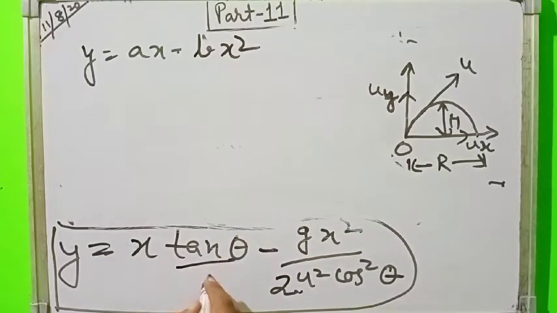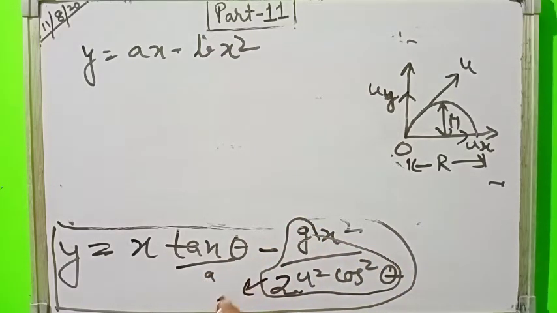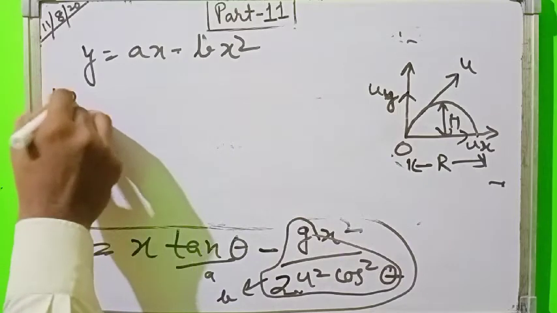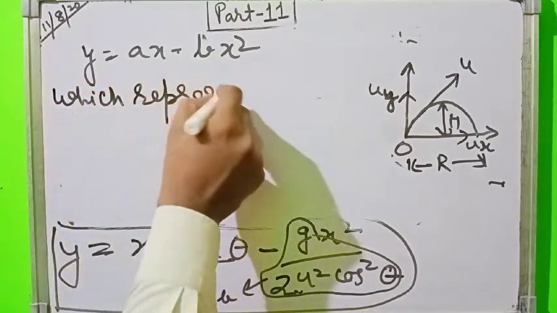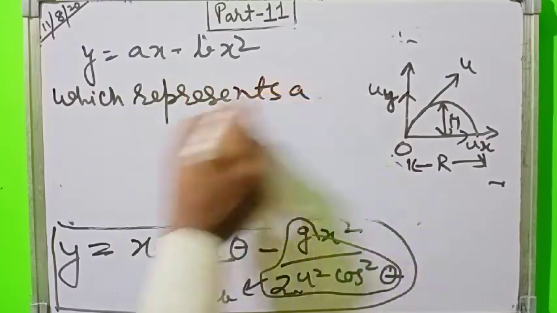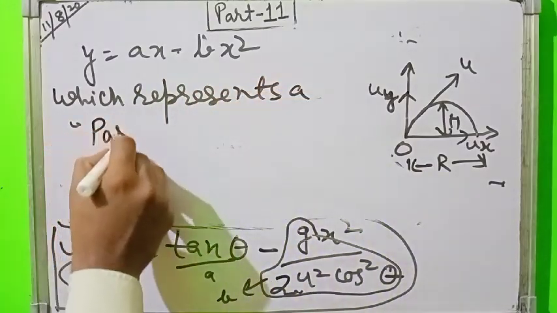This thing we had considered a, and this thing we had considered as b. So it becomes y is equal to ax minus bx square, which represents a parabola.